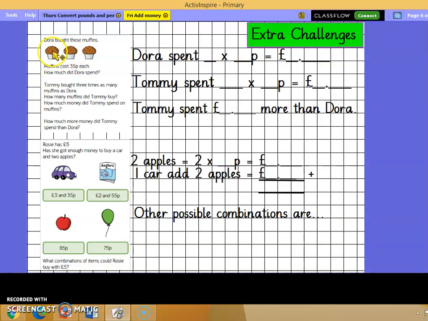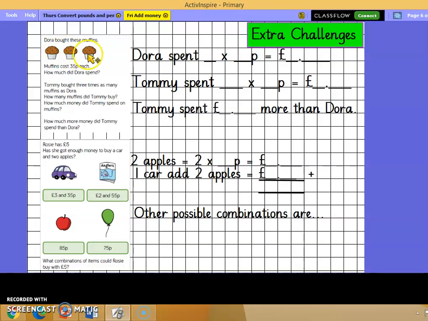Dora bought these muffins. 1, 2, 3. Muffins cost 35p each. How much did Dora spend? That's your first step. So Dora spent, how much was each muffin? That goes there. How many muffins? And then work out the cost. Moving on. Tommy bought 3 times as many muffins as Dora.